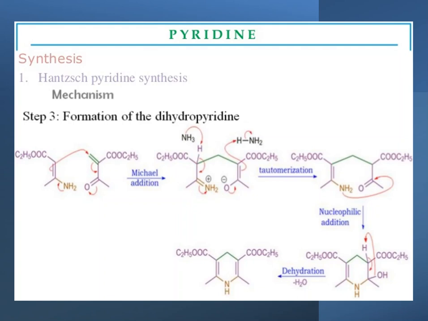In the case of enamine, the nitrogen gives its lone pair. So the double bond of the enamine attacks the double bond of the unsaturated ketone. The bond shifts and you get your O minus. So you have NH2 and O minus. It undergoes tautomerism.